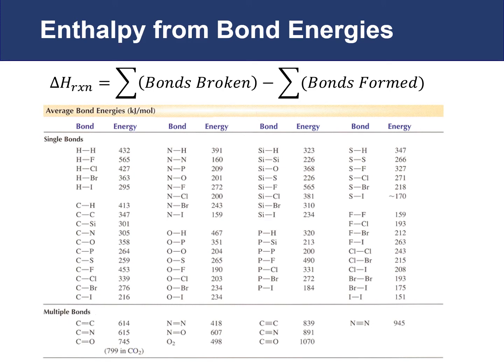For these, what we're essentially doing is looking at all the energy that it takes to break all the chemical bonds and the energy that we get back from forming the new chemical bonds. So our general equation for the enthalpy of reaction would be our enthalpy of reaction is equal to the sum of the bonds broken minus the sum of the bonds formed, where these values here are listed as the amount of energy that is released when the bonds are formed.